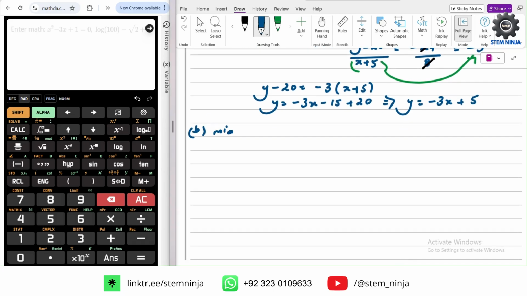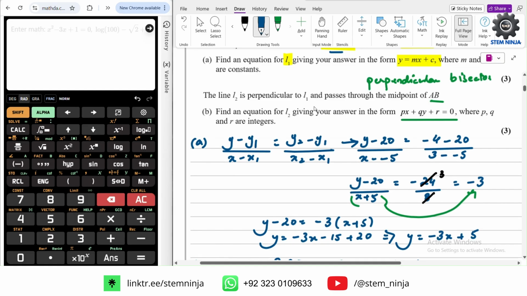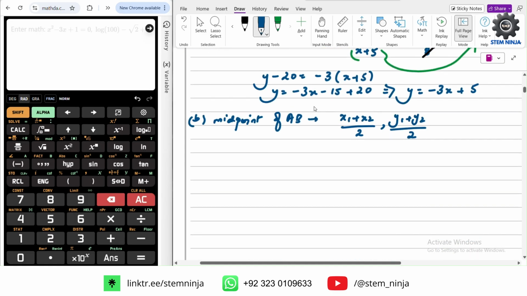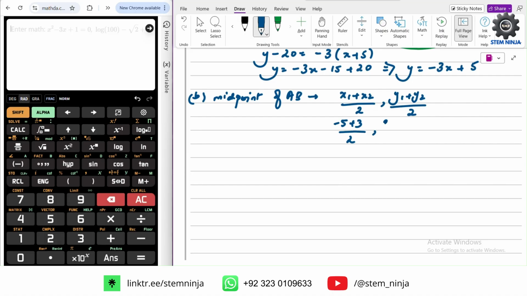So midpoint of AB can be found by (x1 + x2)/2, (y1 + y2)/2. The coordinates that we have are (-5 + 3)/2, and the y are (20 - 4)/2.